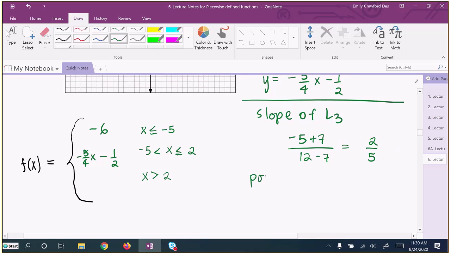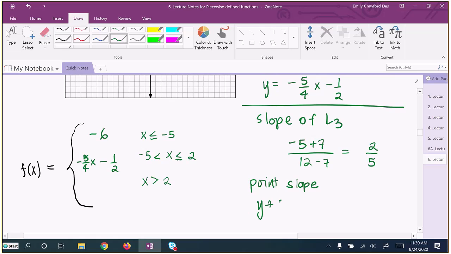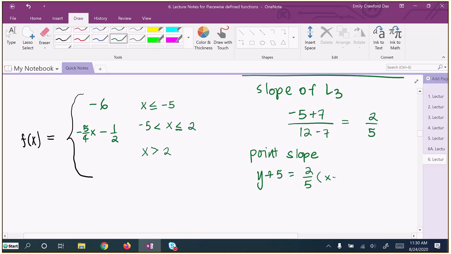And then the point slope equation, I can choose either point. I do y minus the y coordinate. Let's do y minus minus 5. So y plus 5 is equal to 2/5 times x minus the x coordinate. And since I chose the point that has the y coordinate minus 5, I need to take that corresponding x coordinate. So it's 12. So x minus 12.